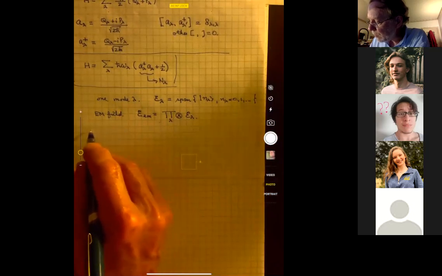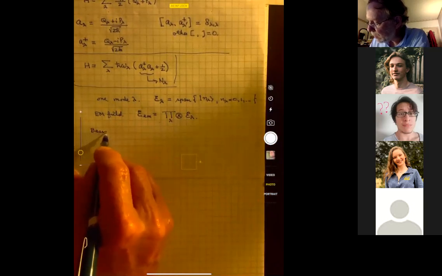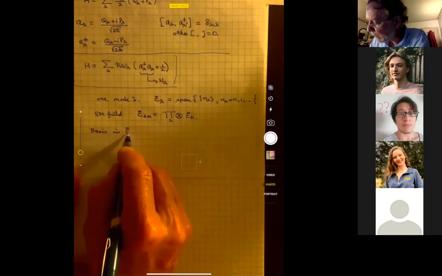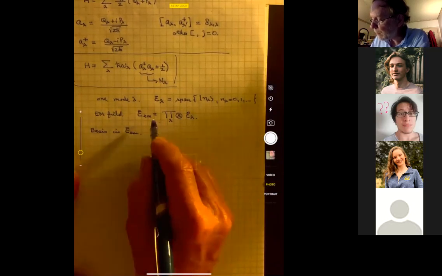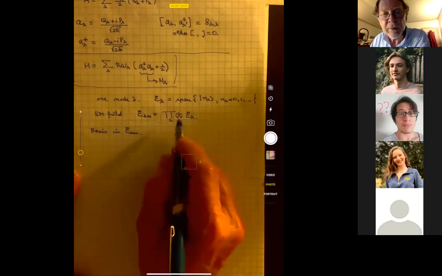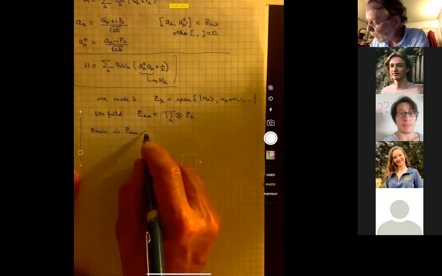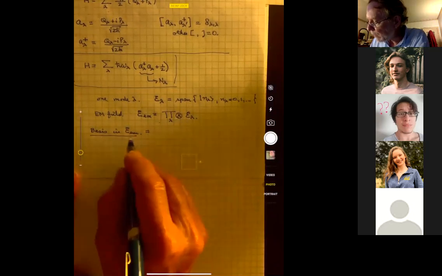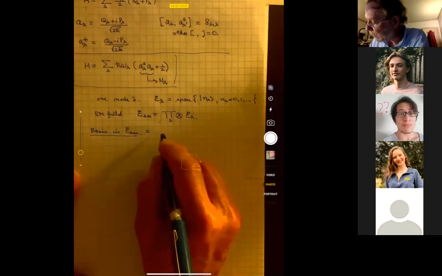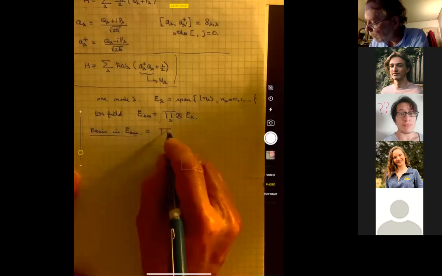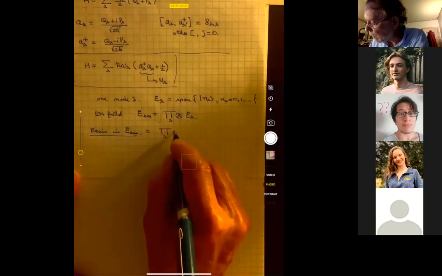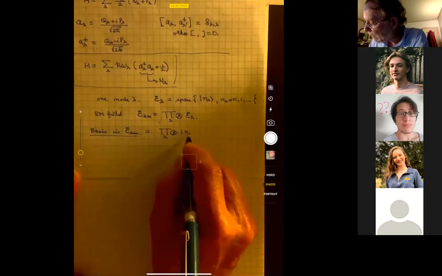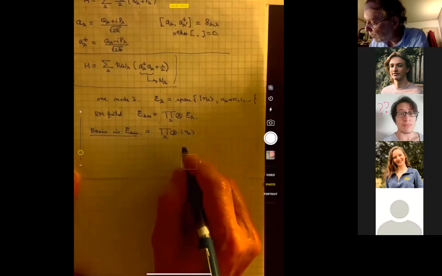And what that means is that a basis in the electromagnetic ket space, you see this becomes quite a large space now because there's an infinite number of harmonic oscillators. A basis in the product space is just the product of the basis states. So this is a product over modes lambda, tensor product of the n sub lambdas, one for each.